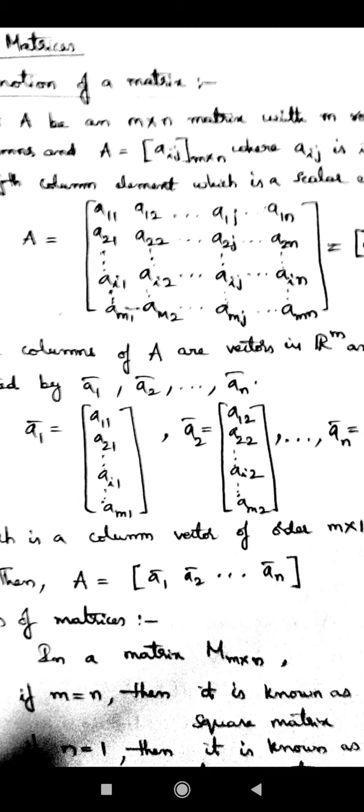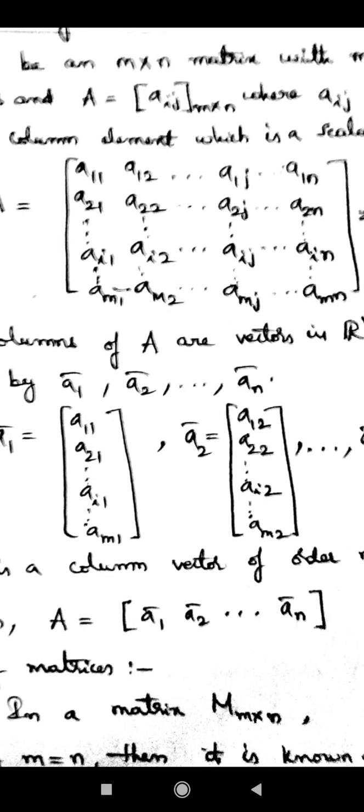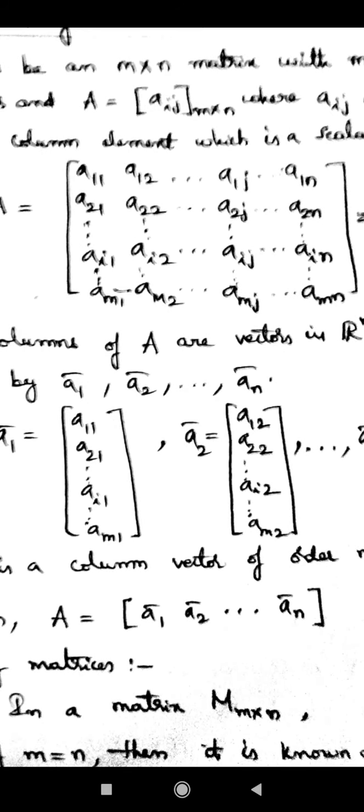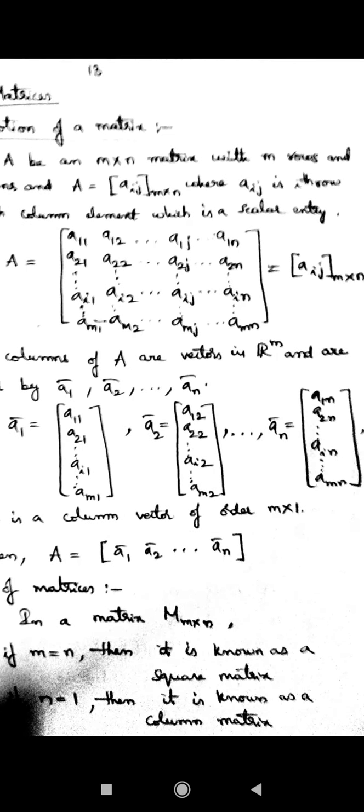That means A1 bar is a column vector of order m by 1, and A2 bar is the second column of the matrix A, taken in a separate matrix like this and denoted by the vector A2 bar, a column vector of order m by 1.